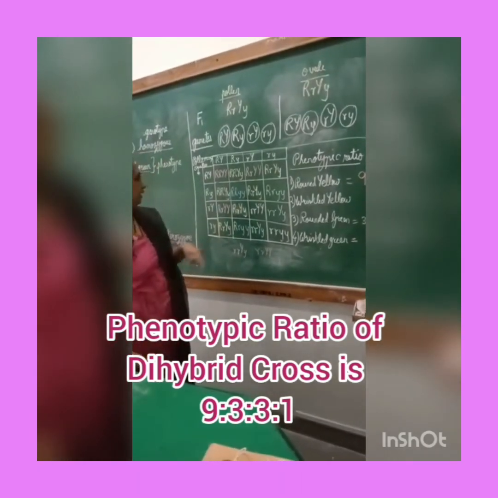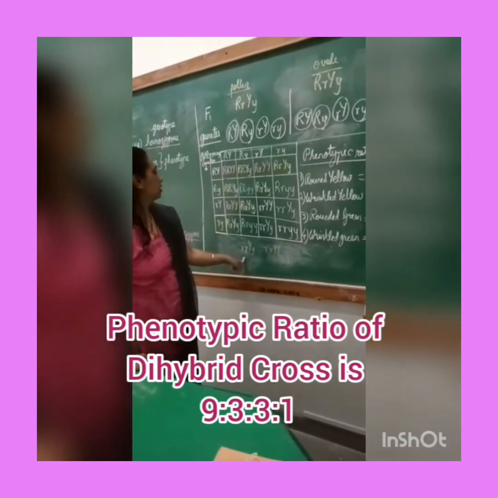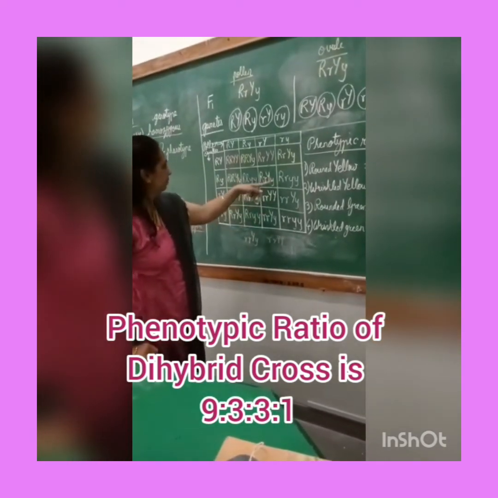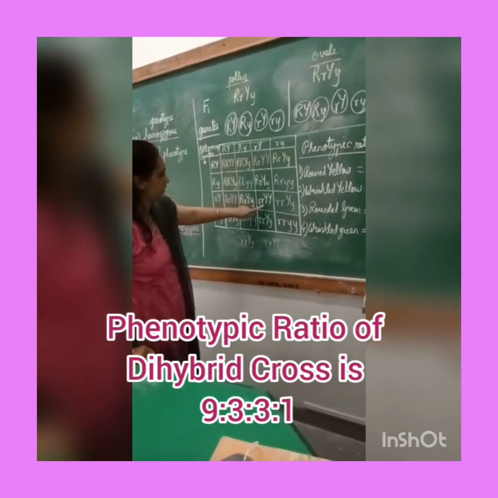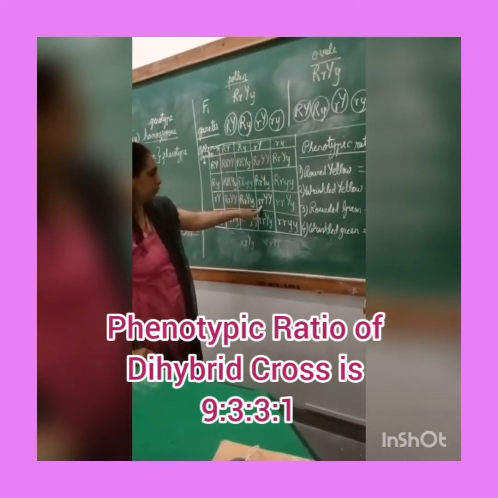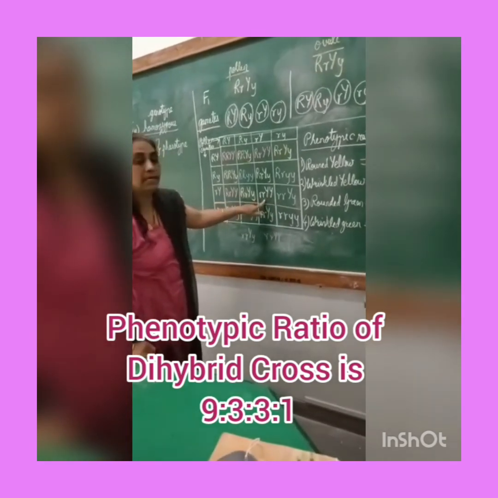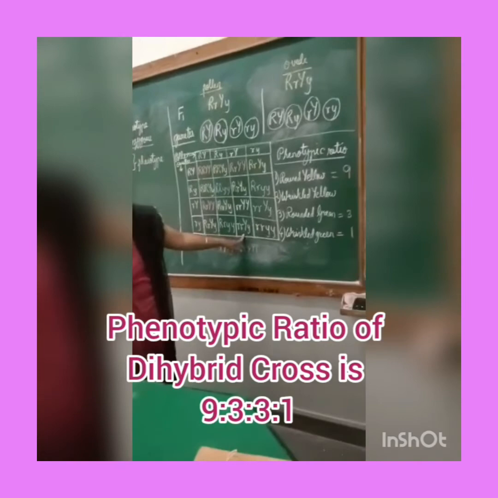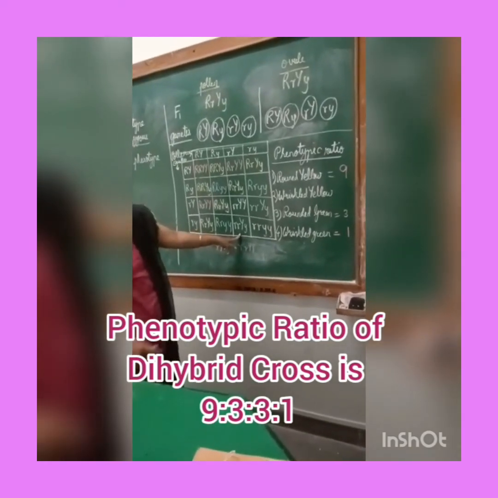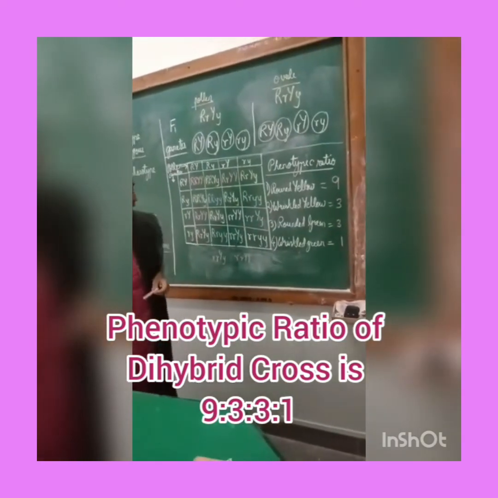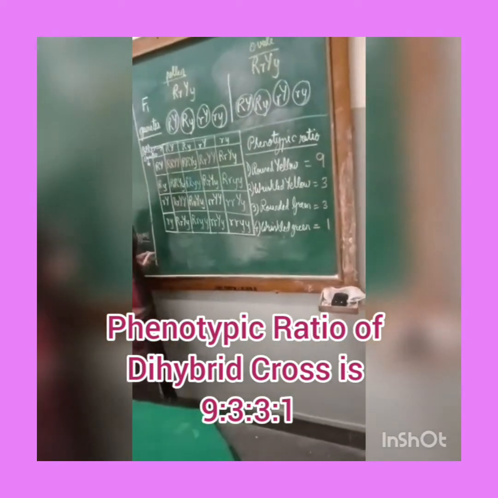Now let us find these. Where can you find small r? Only at the bottom you are getting them. Wrinkled and yellow, wrinkled and yellow, and wrinkled and yellow. So how many are you getting? 3 combinations.